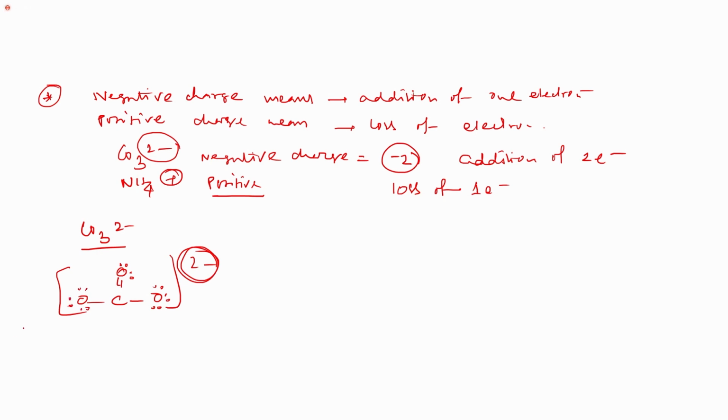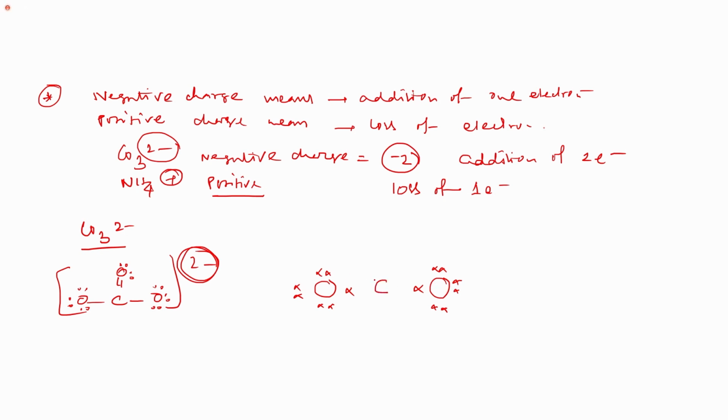So if I draw the Lewis dot structure for CO3 2 minus, it will look like that. We know that oxygen has 6 valence electrons, but there is a 2 minus, so 1 electron will be on 1 oxygen atom, and another oxygen will also have 1. So this oxygen is O minus, this is the O minus.